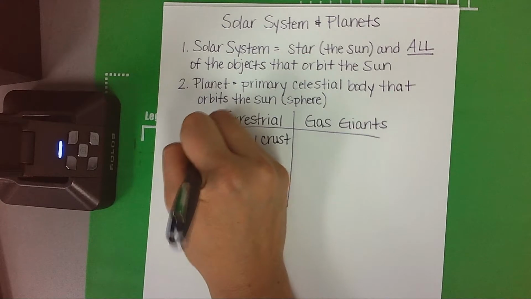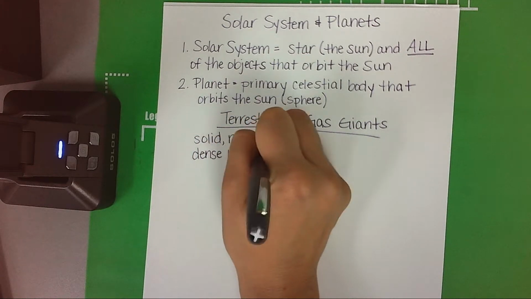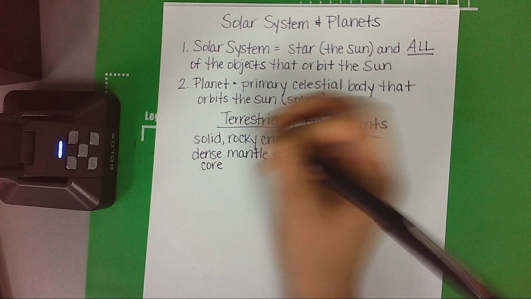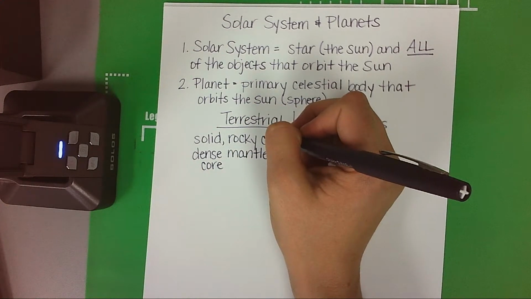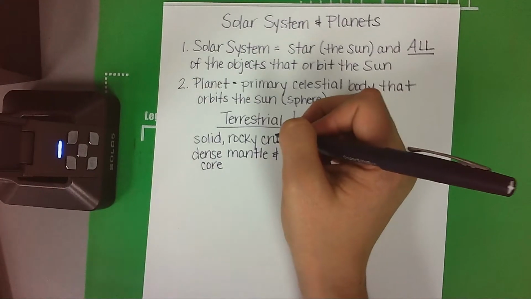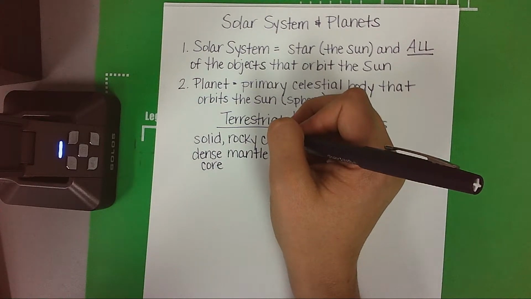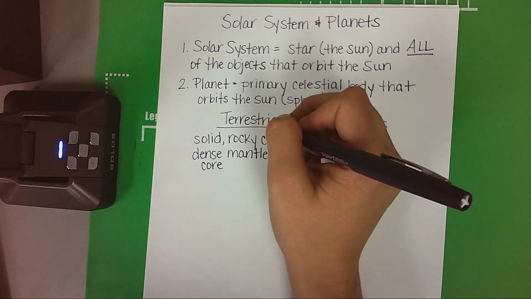They have a dense mantle and a dense core. So notice that terrestrial planets have a core, mantle, and crust. That would help us remember, if you remember from elementary school, that the Earth has three main layers: the core, mantle, and crust. And so terrestrial planets are the ones that are solid.